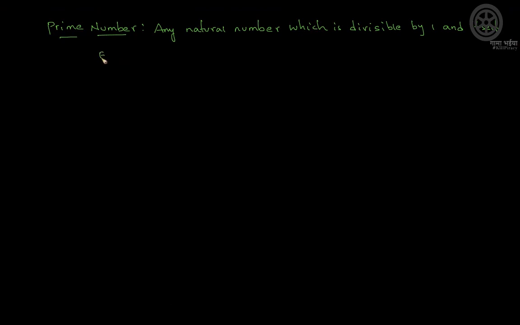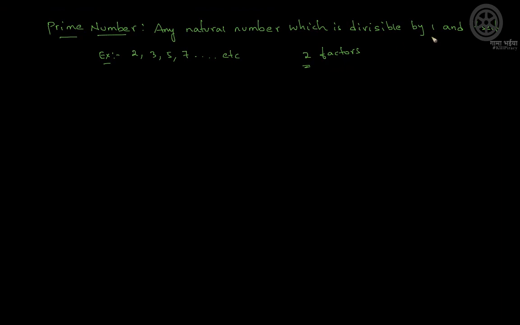Example: 2, 3, 5, 7, etc. These are called the prime numbers. In another way, we can say that a prime number has only two factors. Remember, guys.